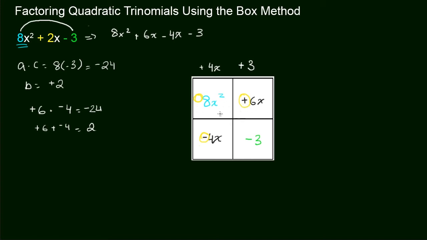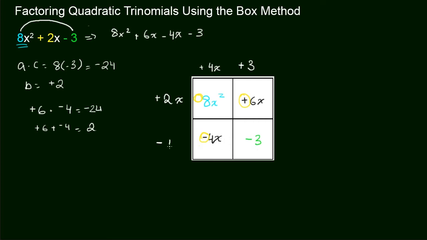Now we're going to look at each row and factor out each row. I have 8x squared and +6x. This 8x is positive, so it's going to be a positive. 8 and 6 are both divisible by 2, and I have an x in common over here. This is a -4, which means my term out here has to be a negative. 4 and 3, the only number that 4 and 3 are divisible by is 1.